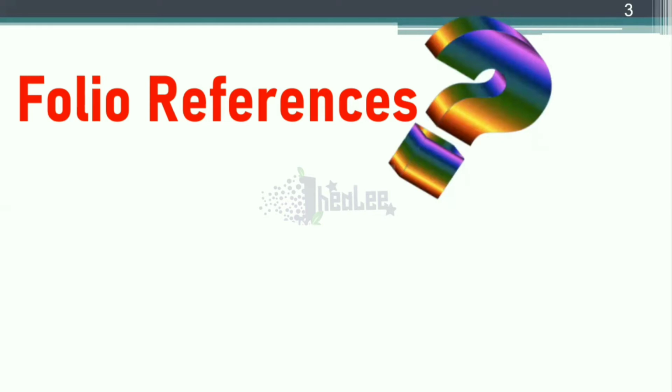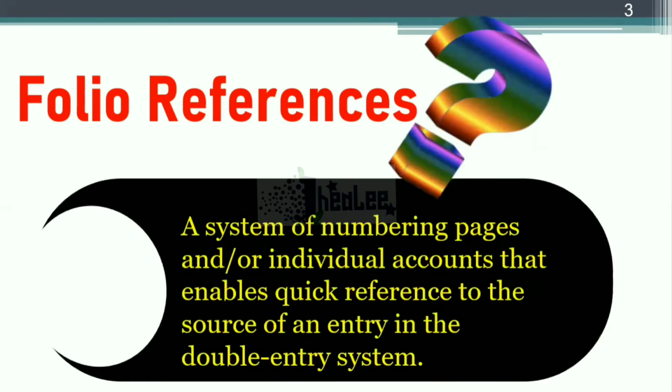In terms of your book of original entry, when you look in that specific book for an entry, you will see where you have posted it, which ledger you have posted the entry in. So basically, what folio references do is provide a system of numbering pages and or individual accounts that enables quick reference to the source of an entry in the double entry system.